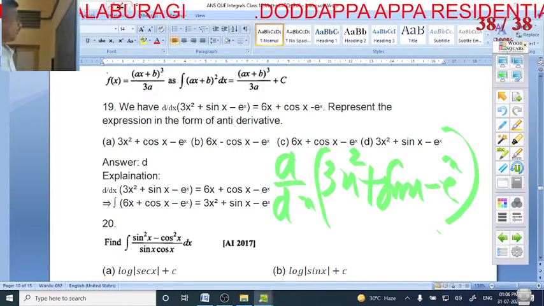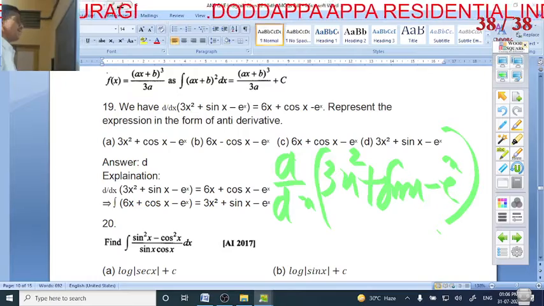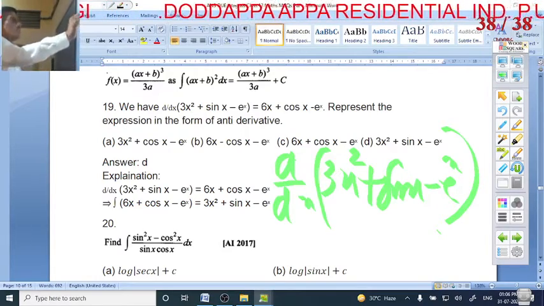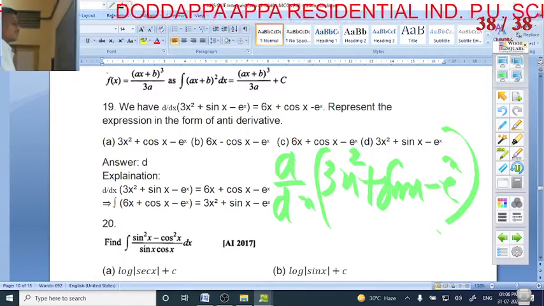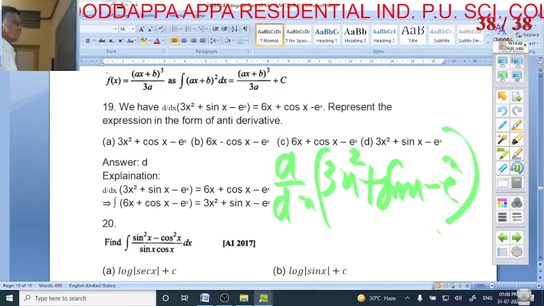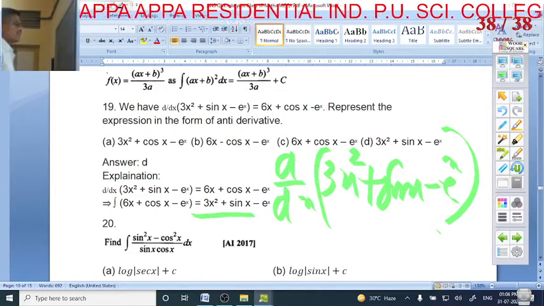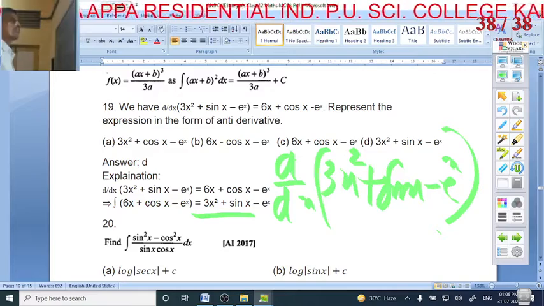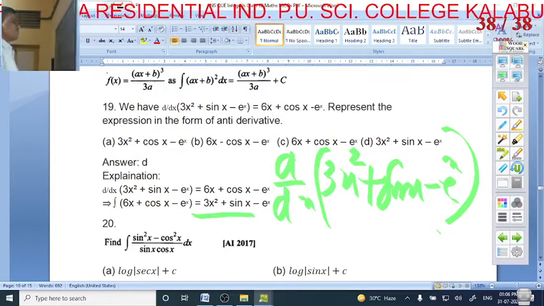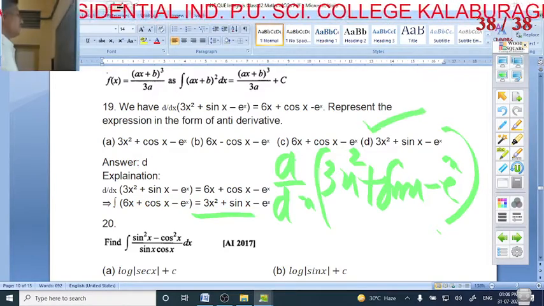Now take the antiderivative, meaning integration of 6x plus cos x minus e to the power x. This gives rise to 3x square plus sin x minus e to the power x. Therefore option D is the correct answer.